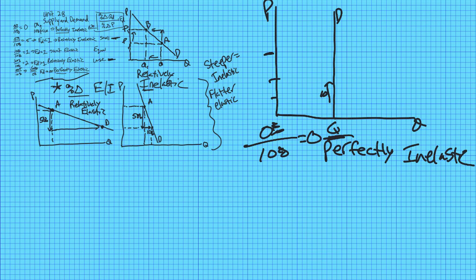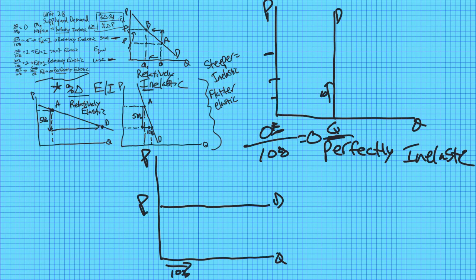Okay, well, what about the opposite side of things? What if I have a demand curve that looks like that? This is my demand curve, and I have a price and a quantity. What that means is that my price doesn't change at all, even if my quantity is changing. So if the quantity goes up by, let's say, 10%, my price didn't change at all.